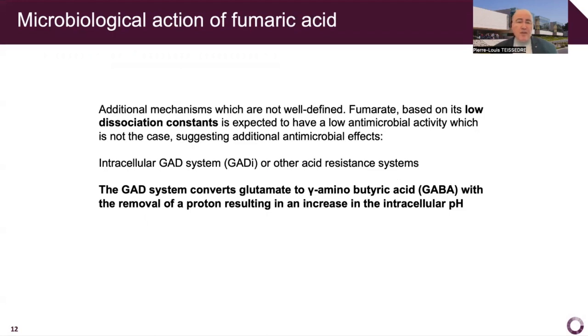Especially the intracellular GAD system or other acid resistance systems, with the GAD system converting glutamate to gamma-aminobutyric acid, the GABA, with the removal of a proton, resulting in an increase in the intracellular pH.